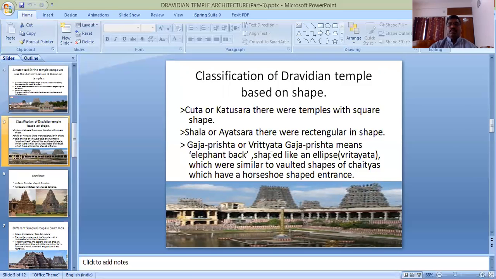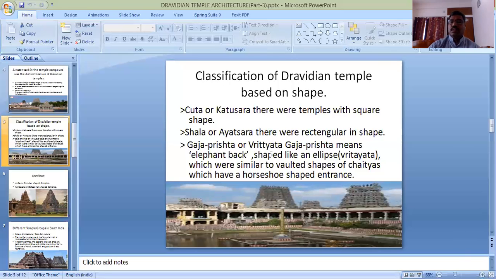That means Gajaprishtha is another style of Dravidian temple architecture, shaped like an ellipse, similar to the vaulted shapes of chaityas, which have a horseshoe-shaped entrance.